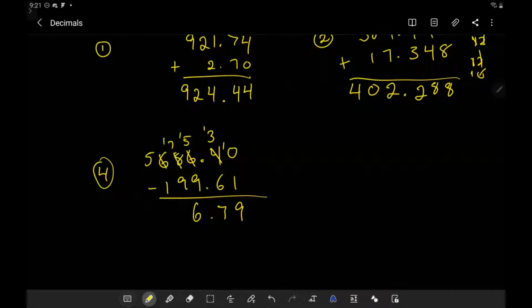And 9 from 17 is 8. And well, 5 subtract 1, that is 4. So that is our answer.